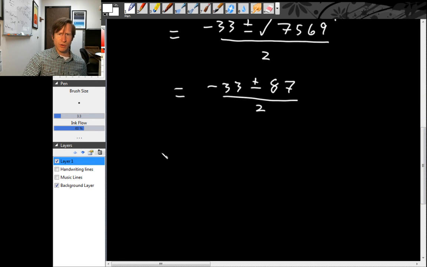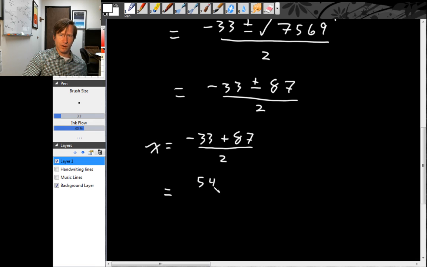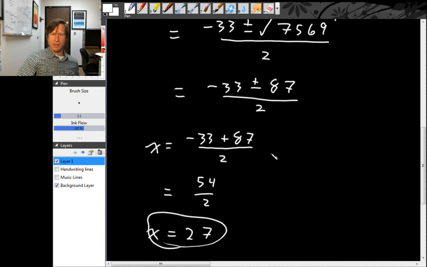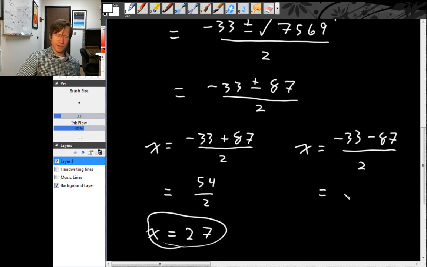Okay, so on the one hand we get x equals negative 33 plus 87 over 2, and that's 54 over 2, and that's 27. So there's one solution. The other one, we get x equals negative 33 minus 87 all over 2. This is going to give us negative 120 over 2, and that's negative 60.